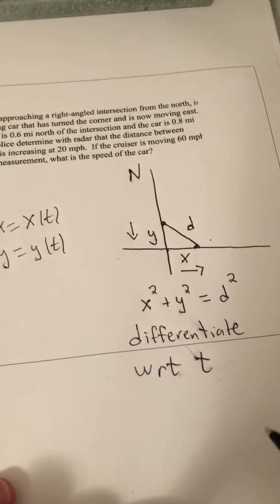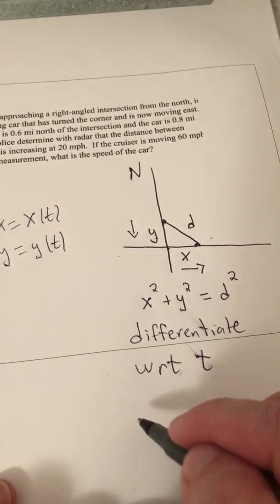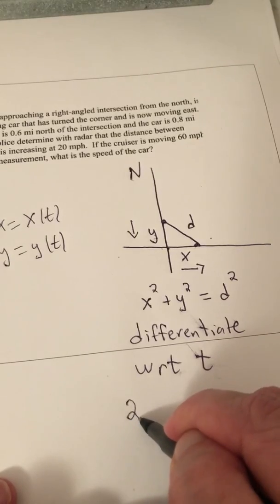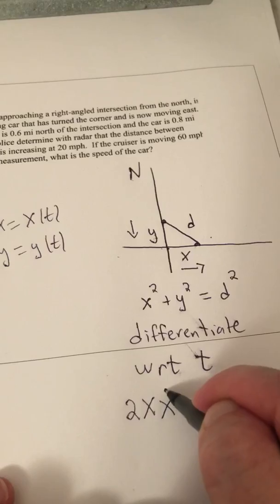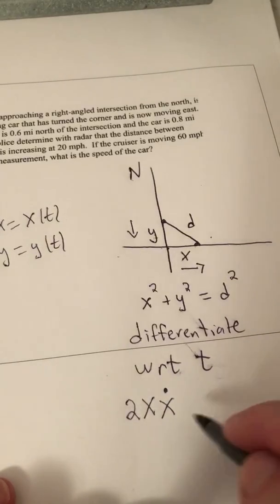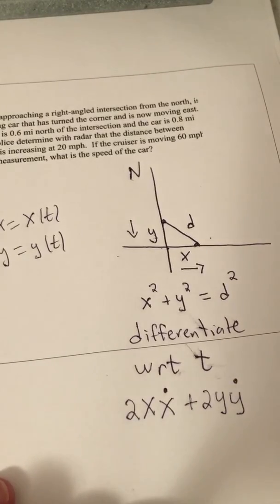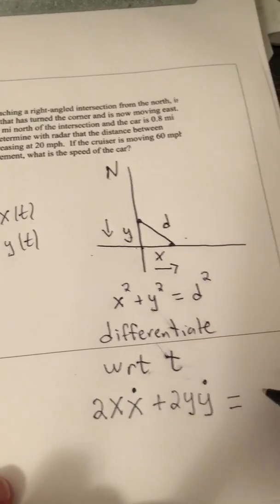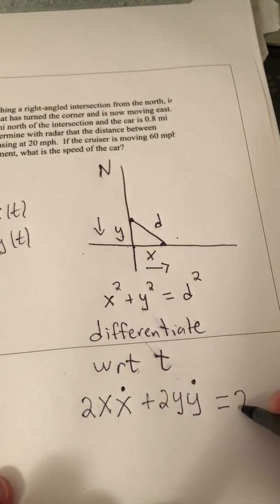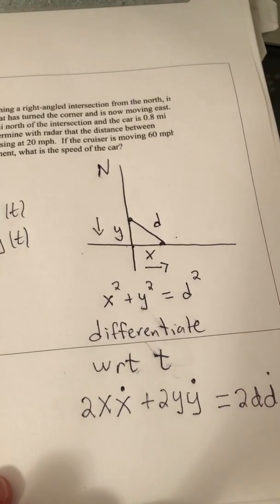So if I differentiate with respect to t, what I get is 2x times dx/dt, which I call x dot, plus 2y times dy/dt, which is y dot, equals 2d times d dot.